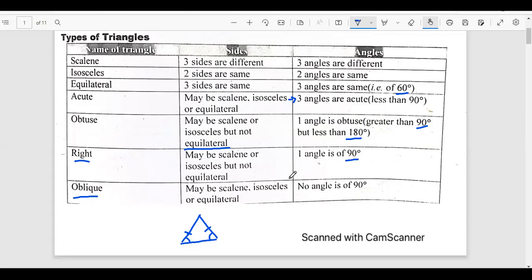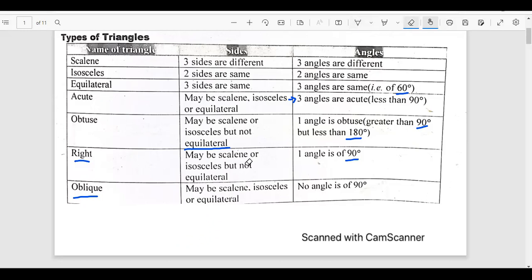So I'll quickly sum it up. We use trigonometry in triangles for finding out different elements of any triangle. When I say elements, it could be any angle, it could be any side. We have different types of triangles: scalene, isosceles, equilateral, acute, obtuse, right, and oblique. So I suppose that this is clear.